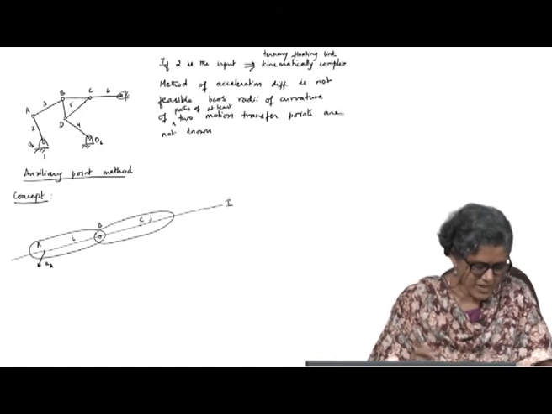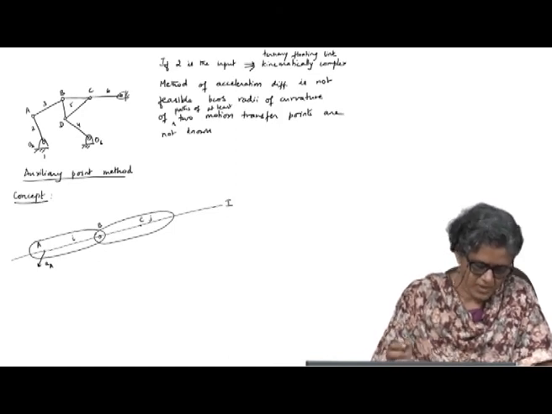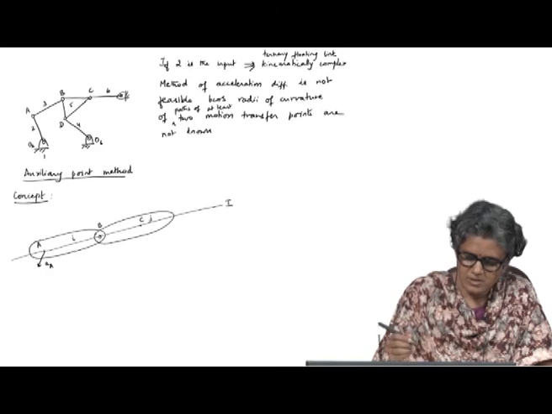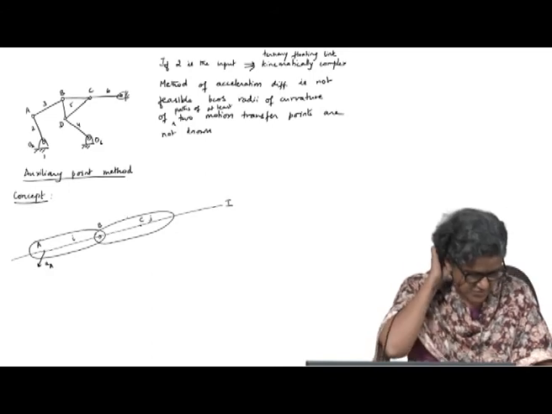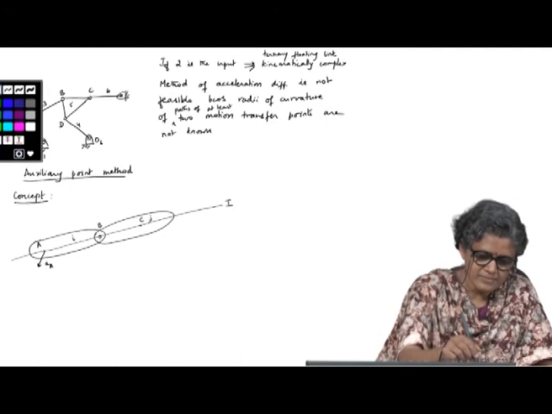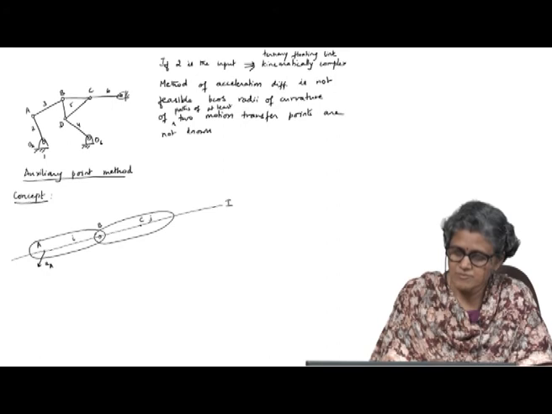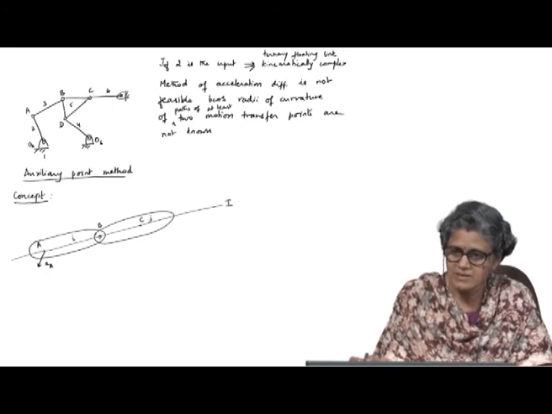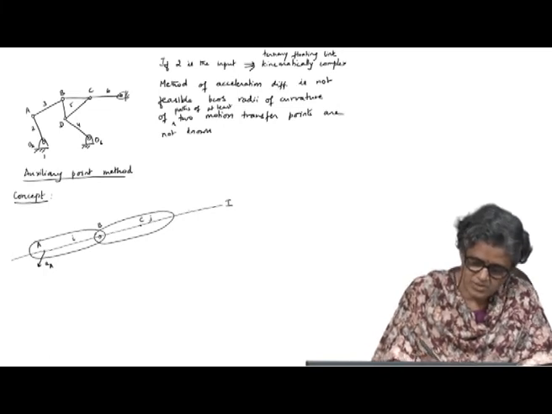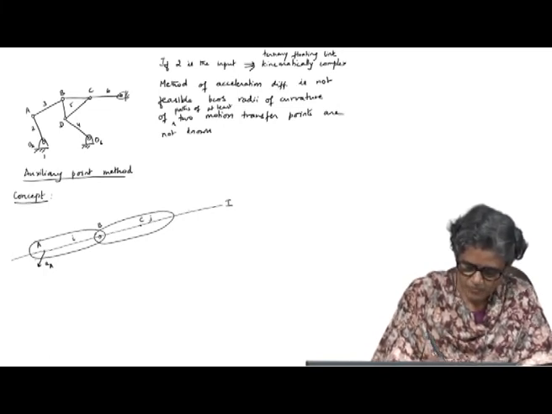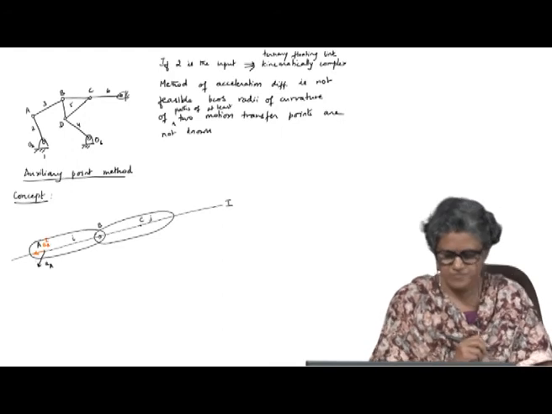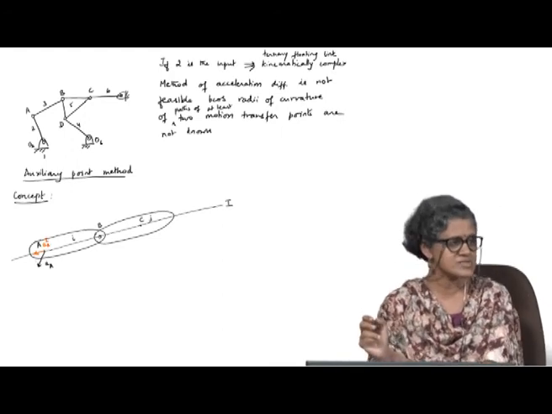You essentially want to find some information about the acceleration of C. So, you draw an auxiliary line connecting A and the motion transfer point B. Now, this is the acceleration of A along this line, auxiliary line 1.